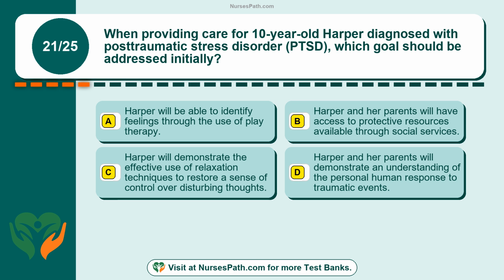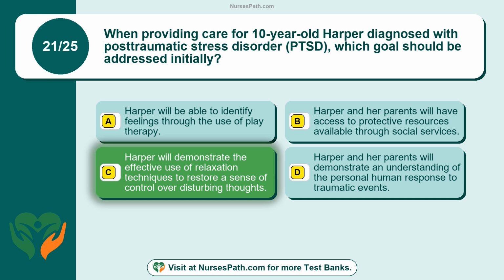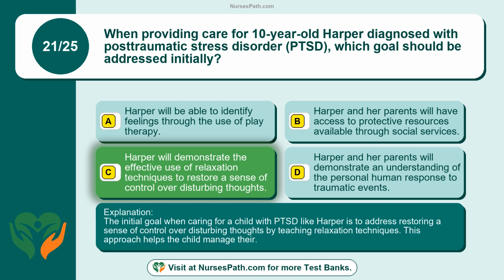Option D. Harper and her parents will demonstrate an understanding of the personal human response to traumatic events. The correct answer is option C. The initial goal when caring for a child with PTSD like Harper is to address restoring a sense of control over disturbing thoughts by teaching relaxation techniques. This approach helps the child manage their symptoms.